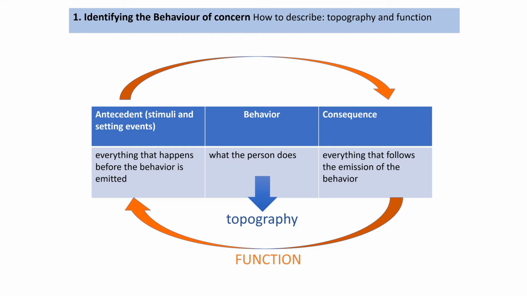It's necessary to follow two different paths closely connected. First is to try to identify a target behavior and describe it based on its topography. It's important that you bear in mind that a function can only be detected after a topography has been defined.